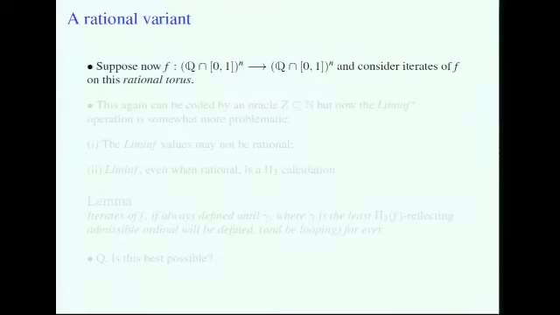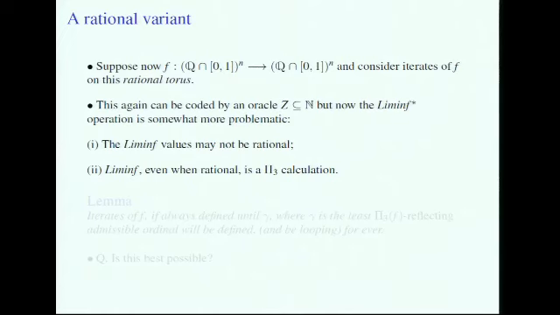Again, because it's rationals, we've got all of this action coded up by some oracle, if you like. But now the lim-inf operation is a little bit more problematic. Of course, the limit of these rationals after omega many stages, or limit number stages, may no longer be rational.